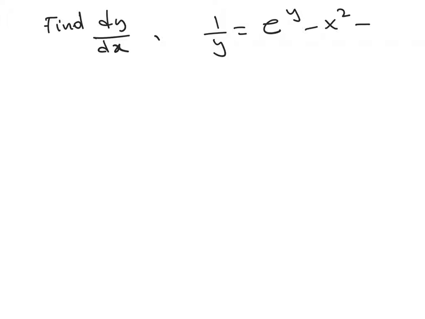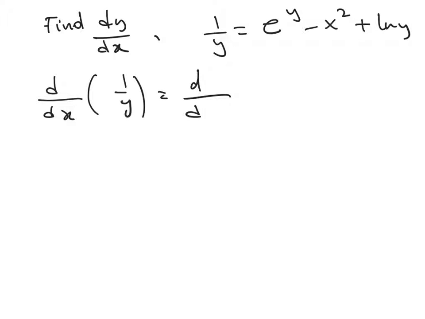Find dy over dx given the implicit function 1 over y minus e to the power y equals x squared plus ln y. Okay, so the derivative of the left side is equal to the derivative of the right side.